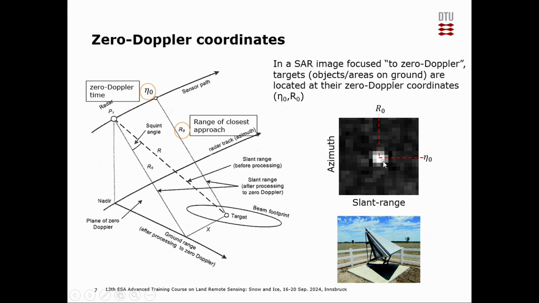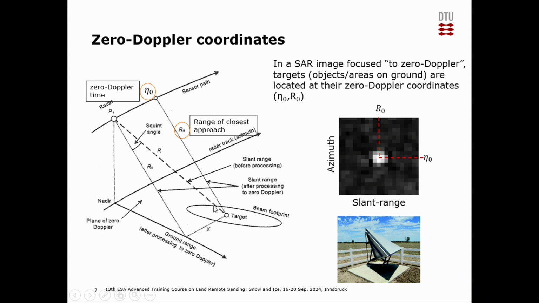So a point on ground, like this corner reflector, will be stored at the azimuth time of closest approach, this one here, where the satellite is at the closest distance from the point on ground, and at the slant range of closest approach, this distance R0.